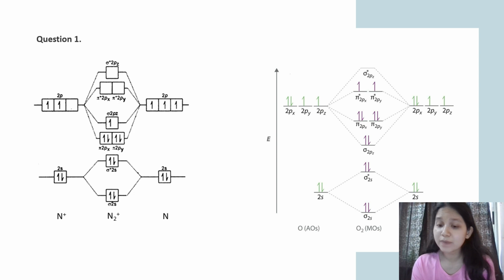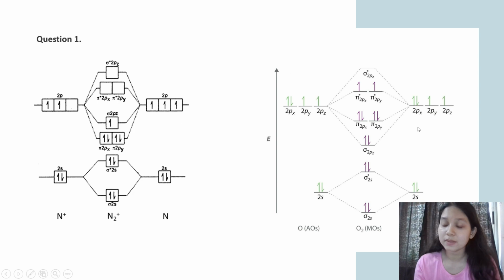Similarly, in the options we have O2 minus and O2 plus also. For that I have shown the oxygen molecule's molecular orbital diagram, and here you can see it. If you count, it possesses 16 electrons in the molecule. So O2 plus will have 1 electron less, and O2 minus will have 1 electron more.